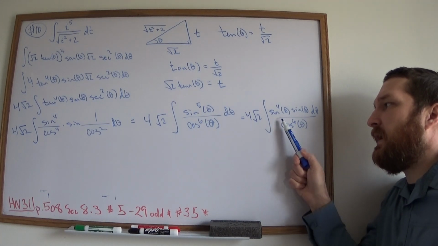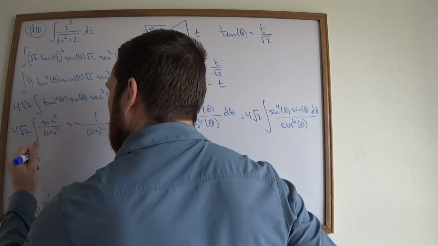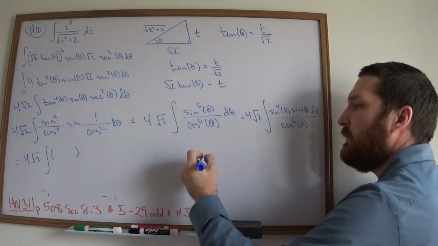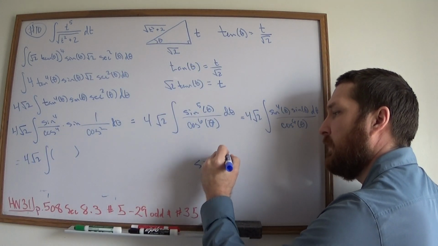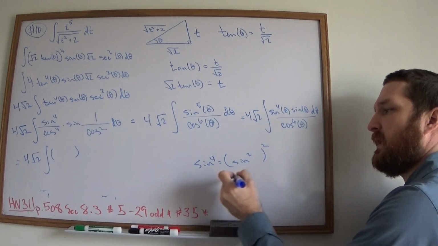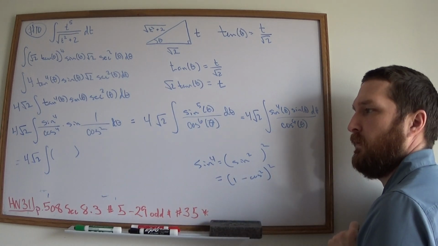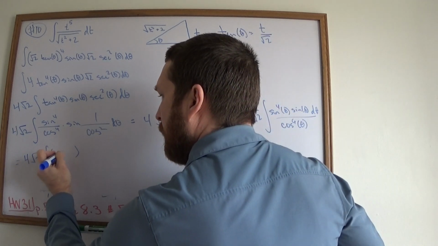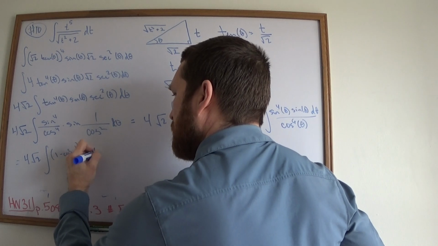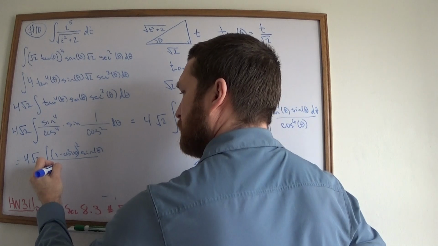I need to get sine in terms of cosine. I could rewrite sine to the 4th as sine squared, squared, but sine squared is 1 minus cosine squared. So 1 minus cosine squared theta, squared. We have our 1 sine left over, and on the bottom we have cosine to the 6th, d theta.